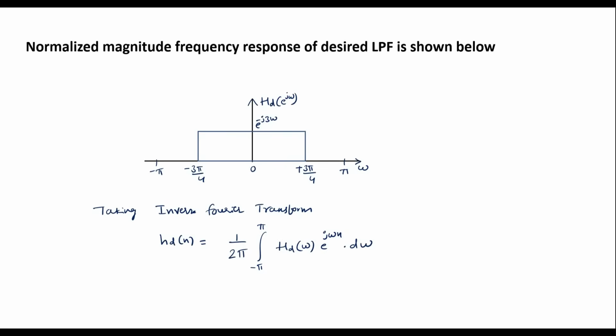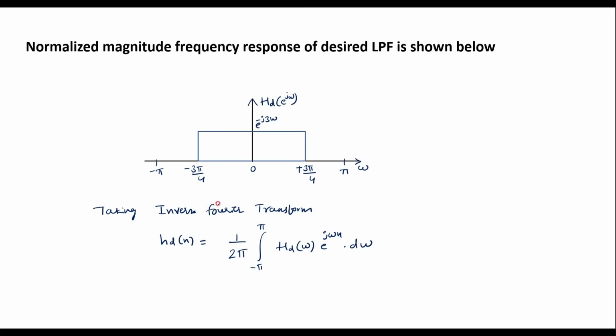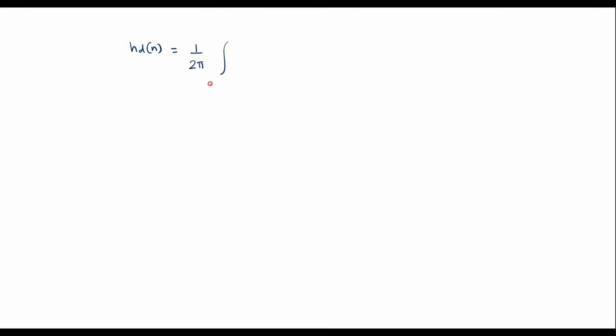or I can write it as h_d(n) = 1/2π ∫, as we know the signal exists only between -3π/4 and 3π/4, so it is from -3π/4 to 3π/4 of e^{-j3ω} e^{jωn} dω.